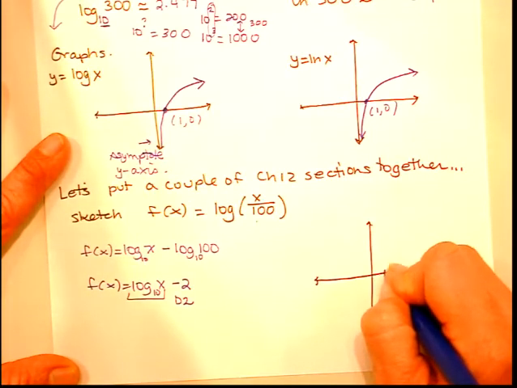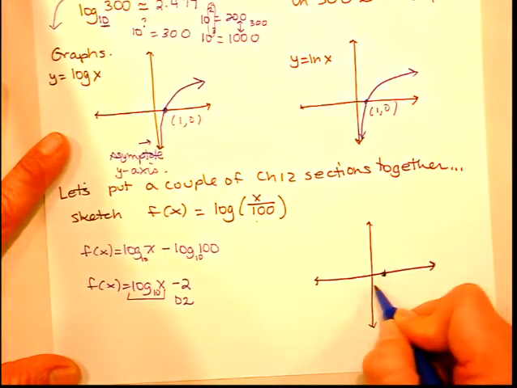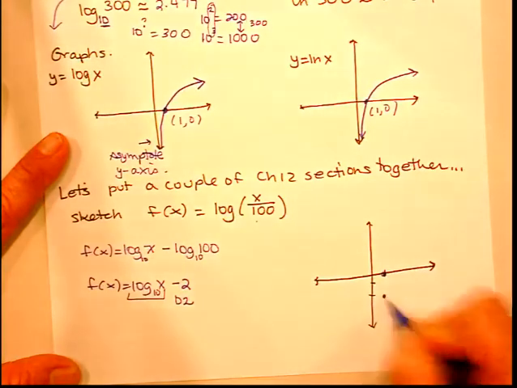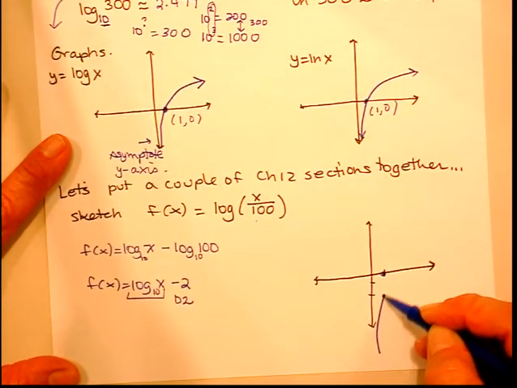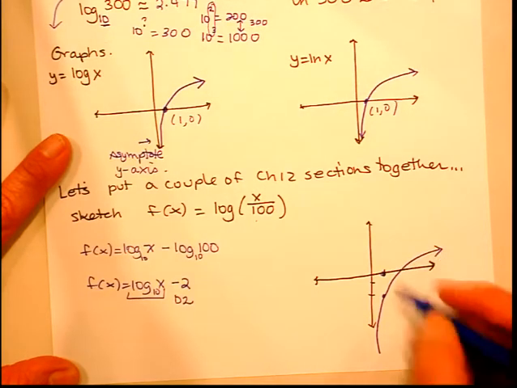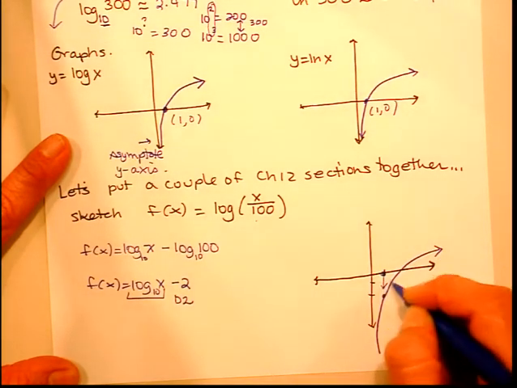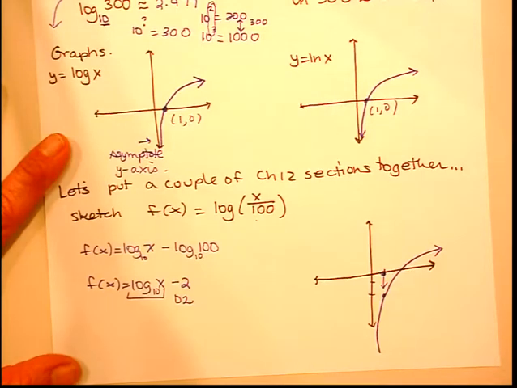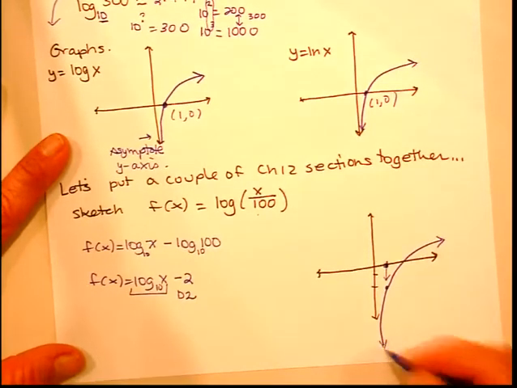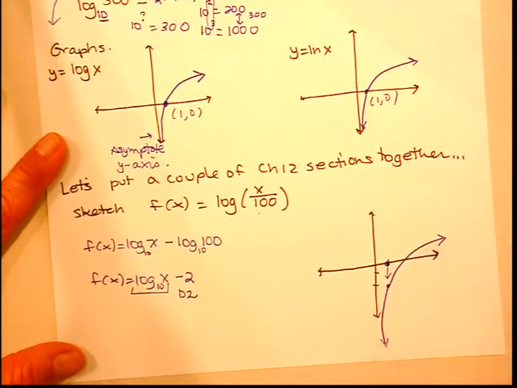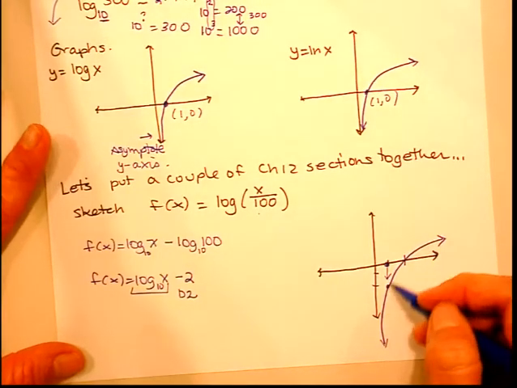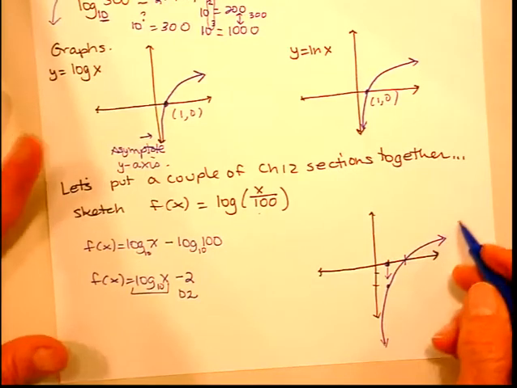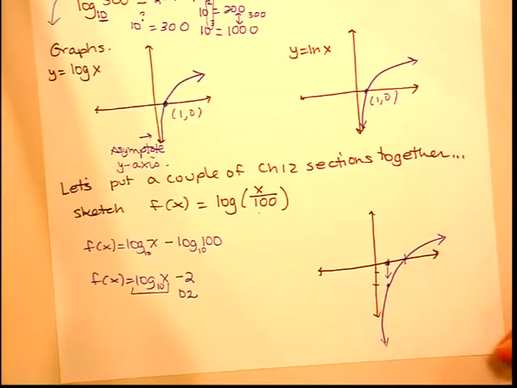I'm going to grab that point that used to be here at 1, 0 and move it down 2 and then draw the same general shape. All right, so there's my down 2. Still have my asymptote, still growing slowly. So the thing about logarithmic graphs is they grow really fast at the start and then they taper off. They're always growing a little bit, but it gets super slow.